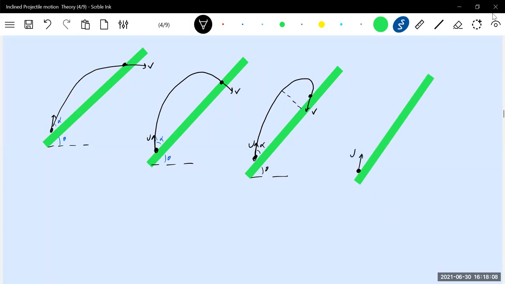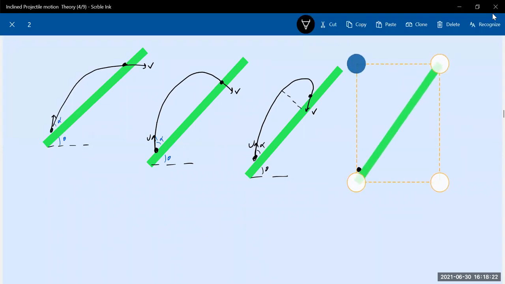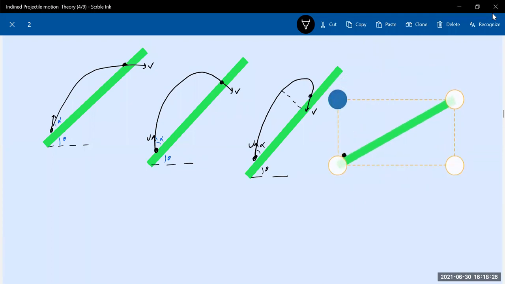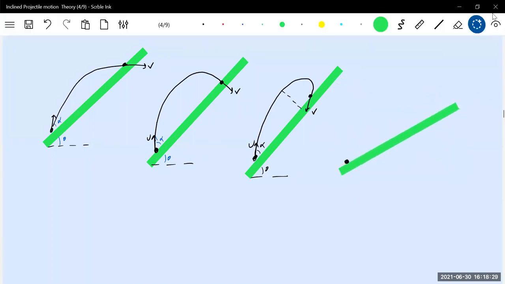You are projecting it in such a way that, I'll make this inclination a little bit more. I'll project it so that it may, look at now.